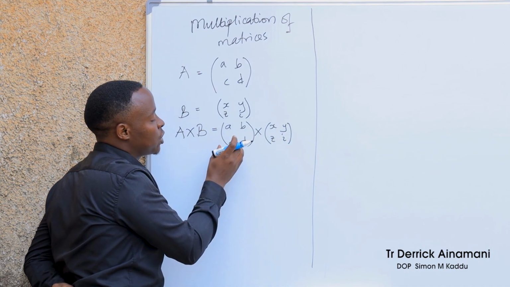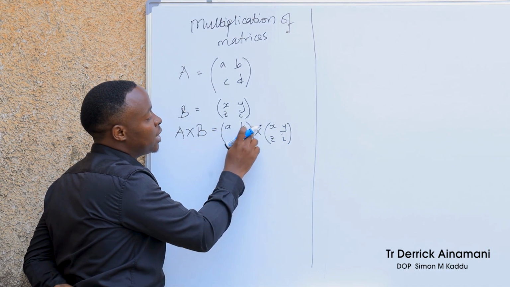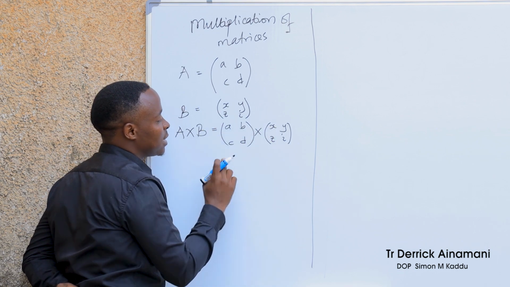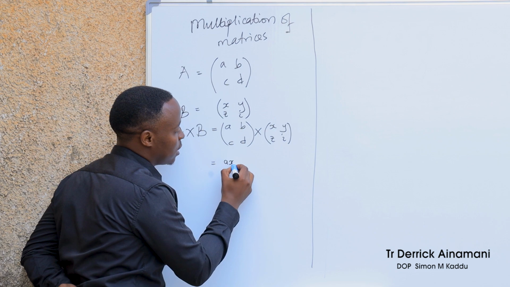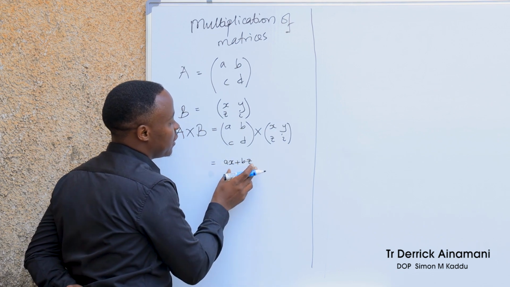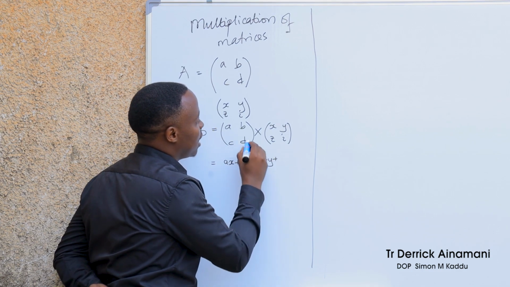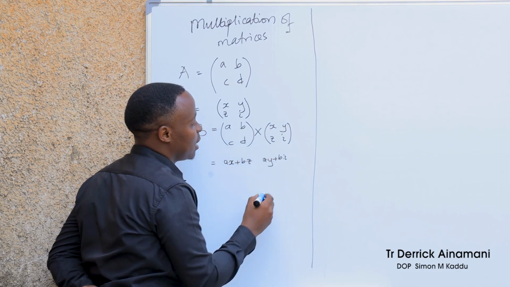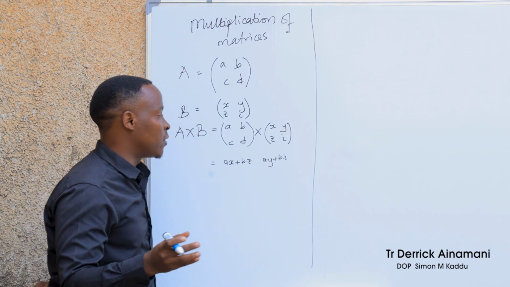So to get the first entry in a matrix A cross matrix B, you multiply this by this, then plus this by this. For example, this would be a times x plus b times z for the first one, and the next one would be a times y plus b times i. This dot represents multiplication, just in case you feel confused.